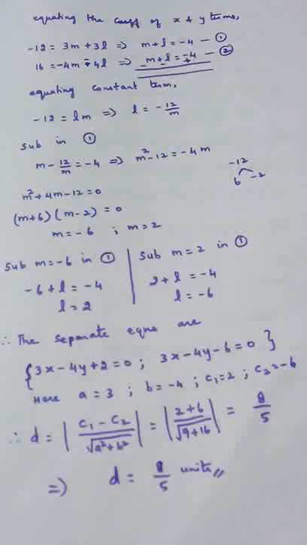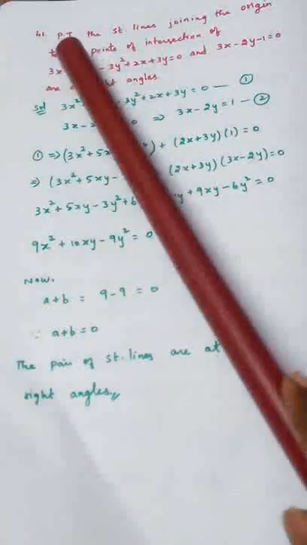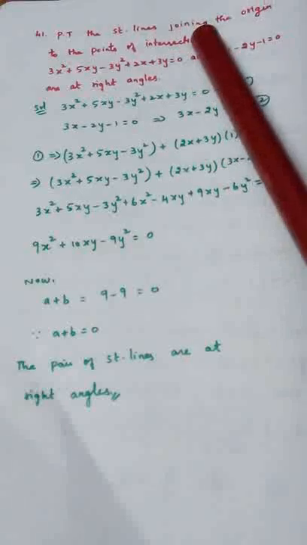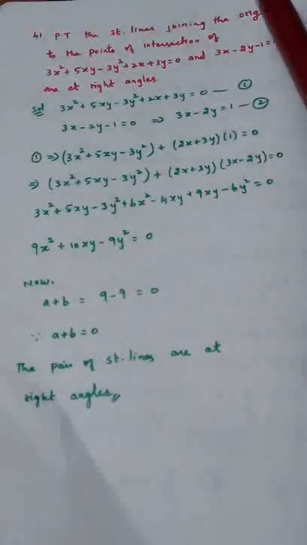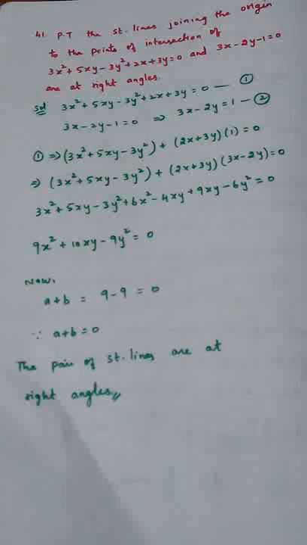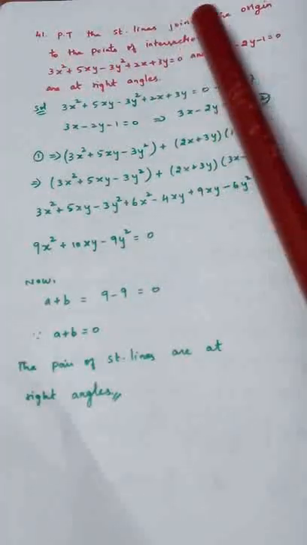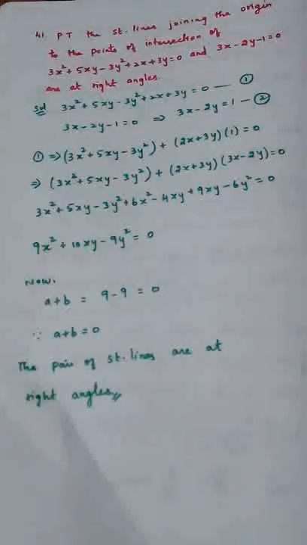So we will see the last problem of this chapter, problem number 41. Prove that the straight lines joining the origin to the points of intersection of these two are at right angles.